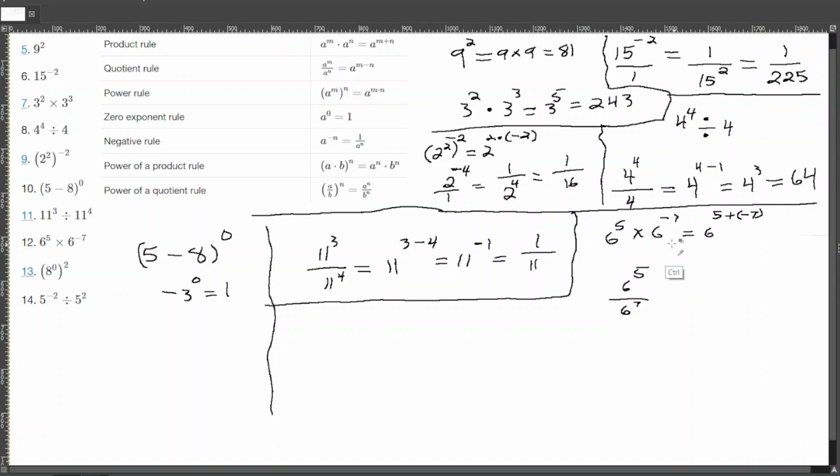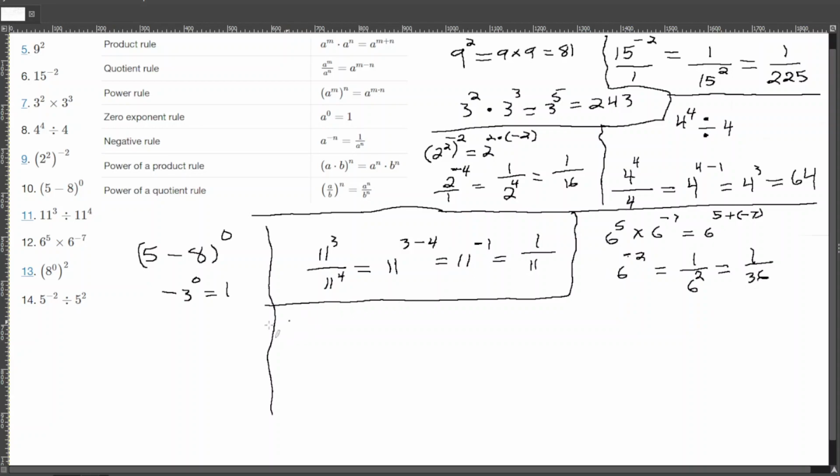If you can't see that, that's fine. We can just simply add these, so we end up with 6 to the negative 2, right? Which means that that will be downstairs, so that's in the denominator positively. And then that's 1 over 36.